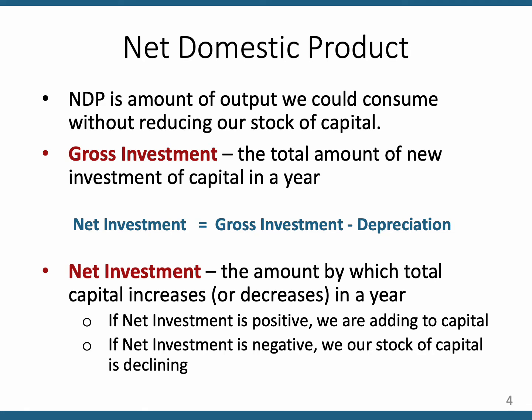Net investment then is if you take gross investment, the amount that was spent, and subtract this estimate of the capital goods that wore out or became obsolete during the year. So you would want to at least be replacing those capital goods, right? The capital goods that wore out or became obsolete.